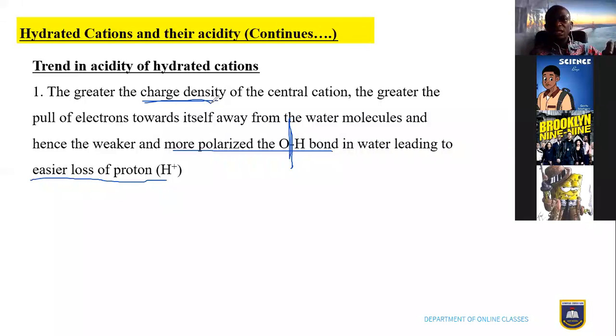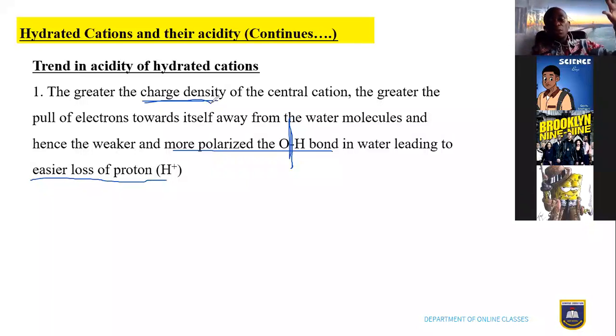So charge density will be greatest if you have an ion that has a very high charge, but at the same time, a very small size. Its charge density will be ridiculously great. Charge density, if you look at it, is just how dense charges are on the central atom.